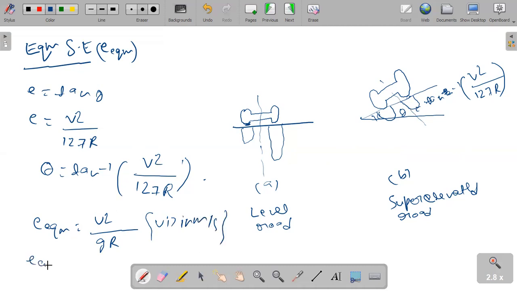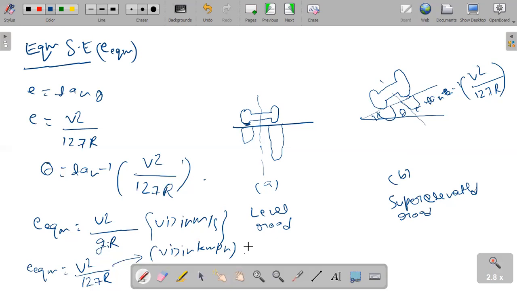And E equilibrium is equal to v square upon 127 r, where v is in kilometer per hour. So this is all about equilibrium super elevation.